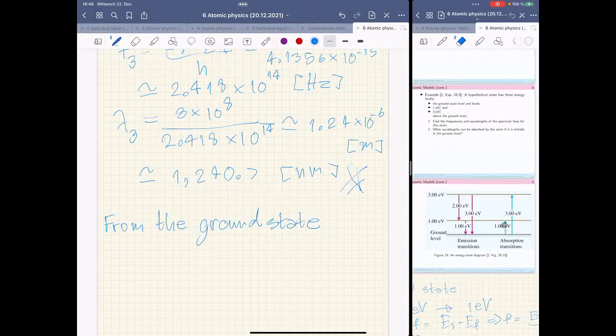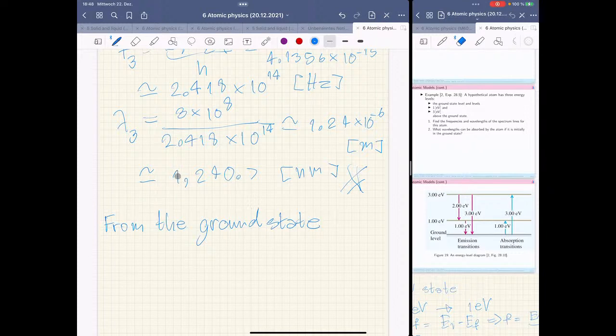The first one is from the ground state to the 1 eV state, and from the ground state to the 3 eV state, right? So you just follow the same way. Please note that 1 eV is going to be the level of this energy transition.